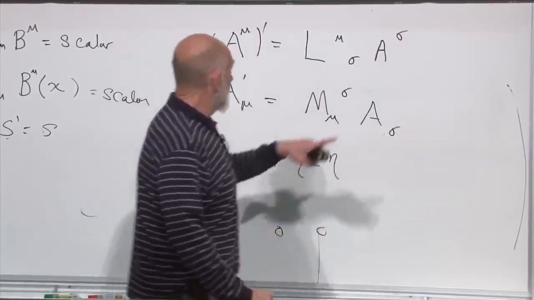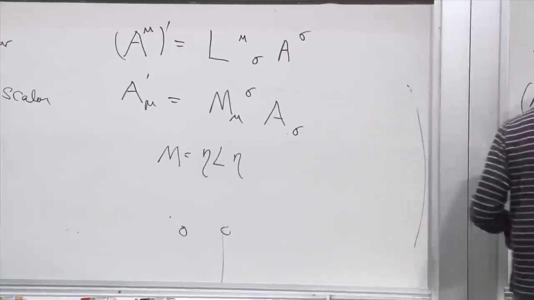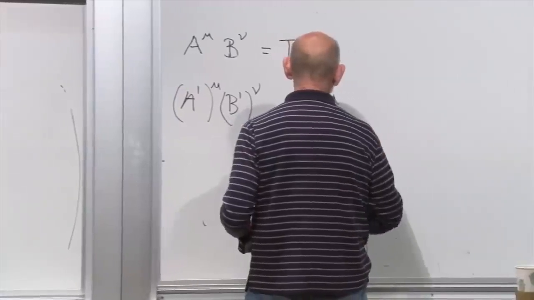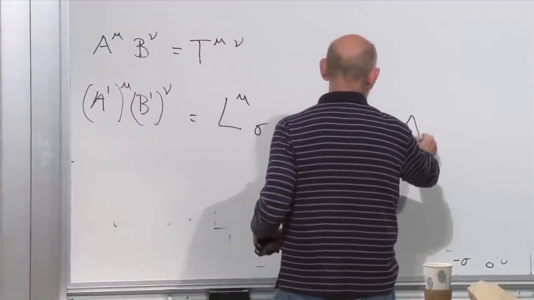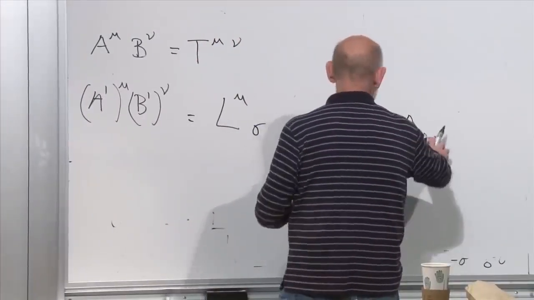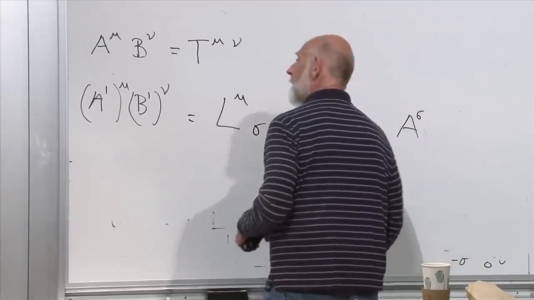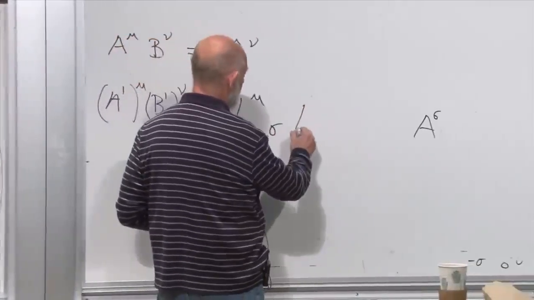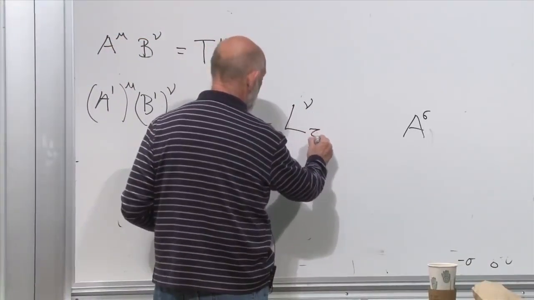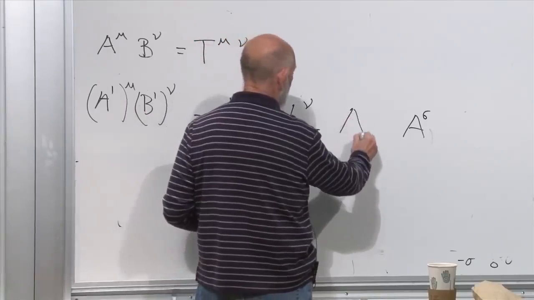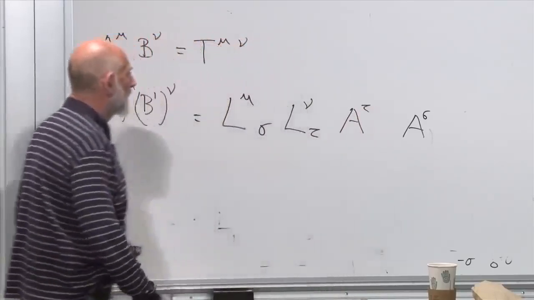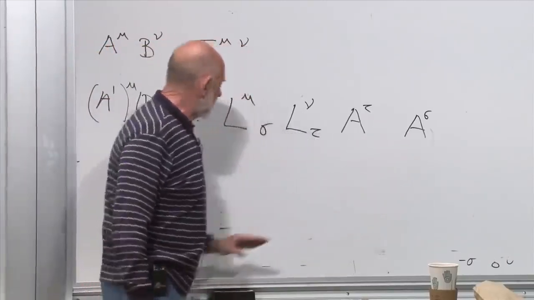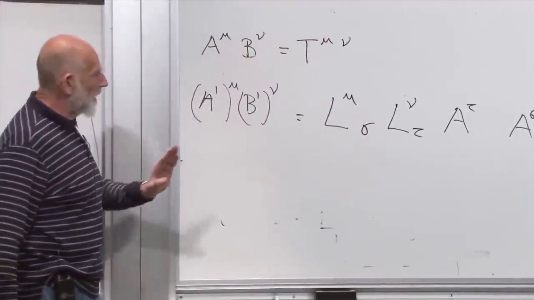Let's plug in here. This is just equal to L mu sigma, put it over here, A sigma. But now we also have to put B prime, and B prime is the same sort of thing, L nu, and let's call it tau, B tau. L mu sigma times A sigma, that's A prime.